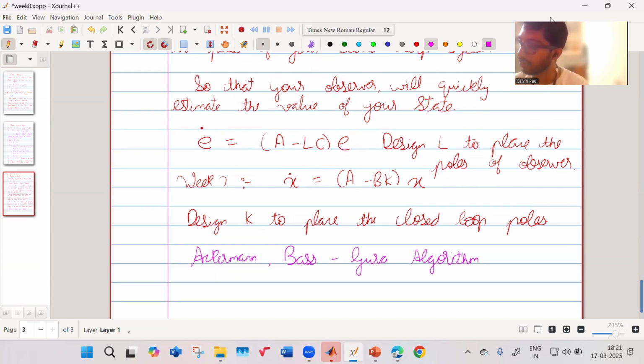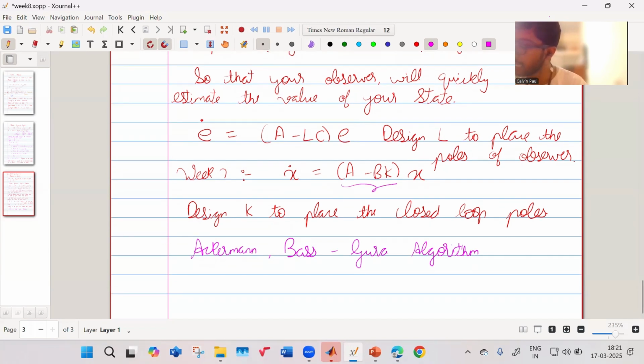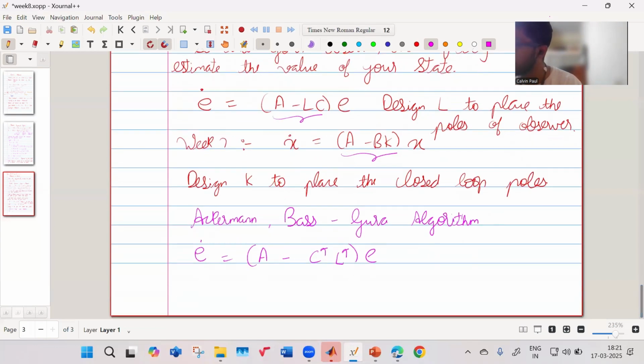But there is a slight modification. This is A minus BK, here it is A minus LC. So this can be written as E dot is equal to A minus C transpose L transpose E. So you have to use A and C transpose to place L transpose.